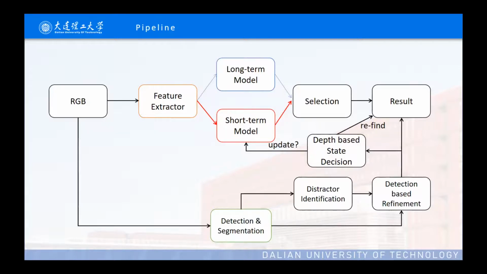We then use the object detection results to identify background distractors and to filter out the distractors from the detection results, which are then used to refine the initial tracking results. Finally, we determine the target state, namely whether it has disappeared or reappeared, based on the target depth, and the target state is further used to guide the online update of the short-term target appearance model.